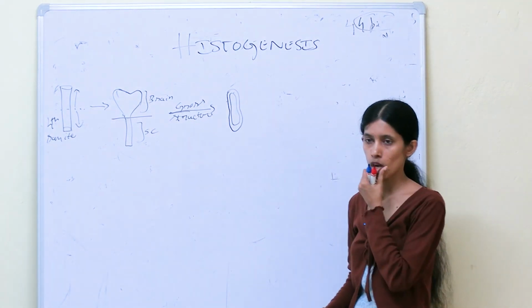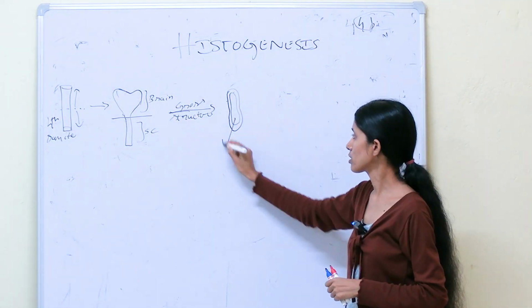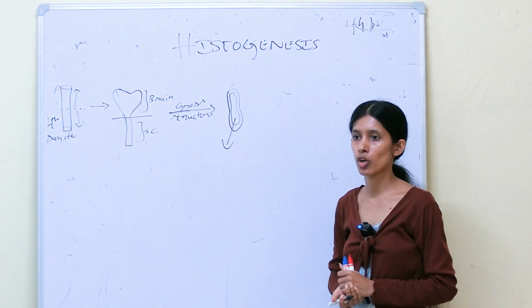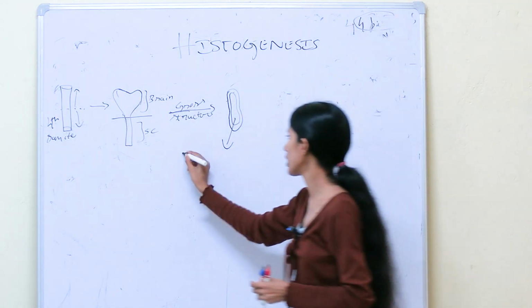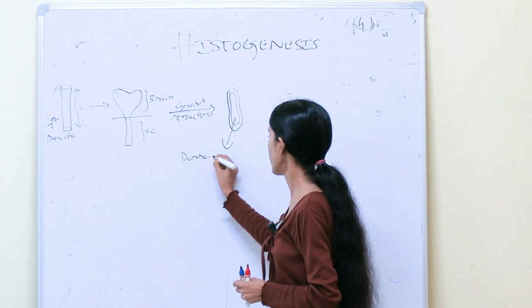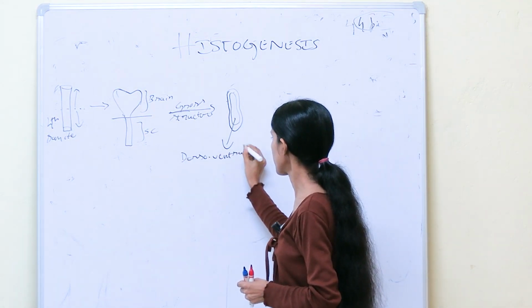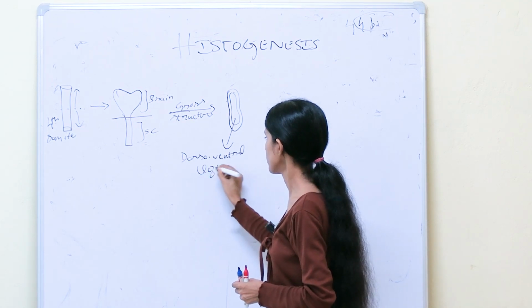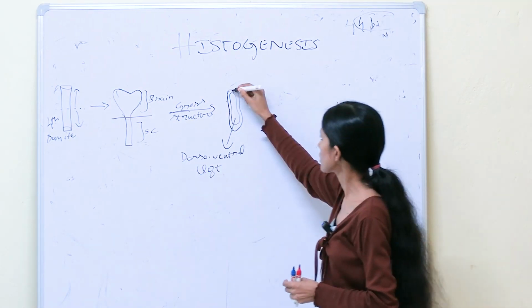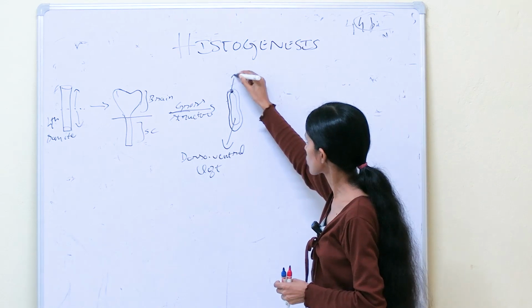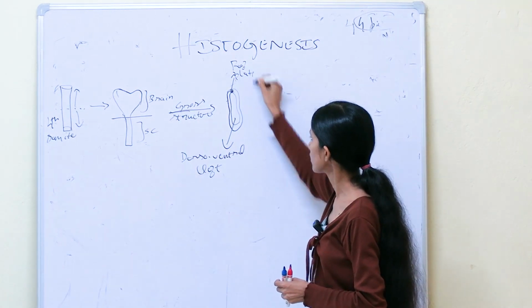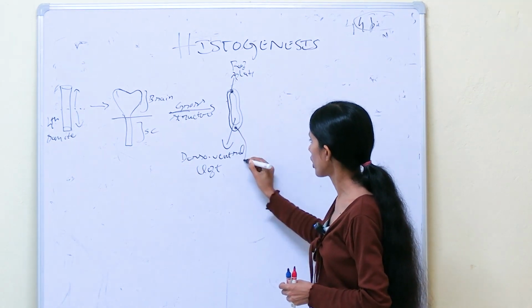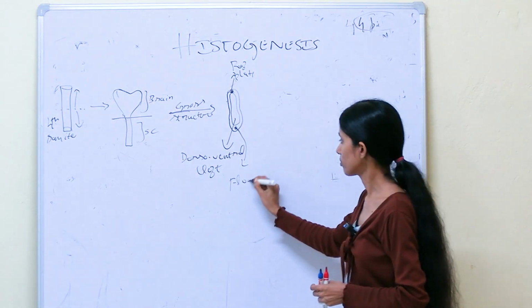Okay, so this slit is called what? It is called the dorsoventral cleft. Okay, and this point is called the roof plate, and this point is called the floor plate.